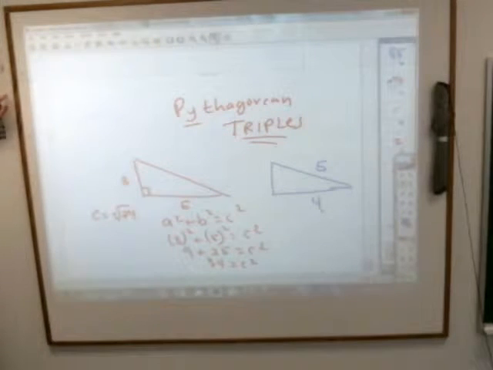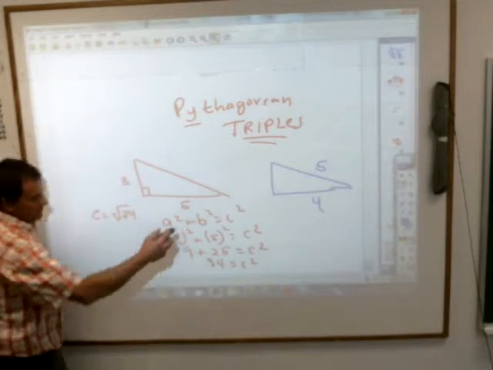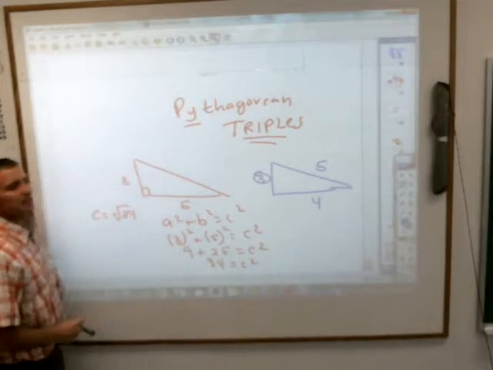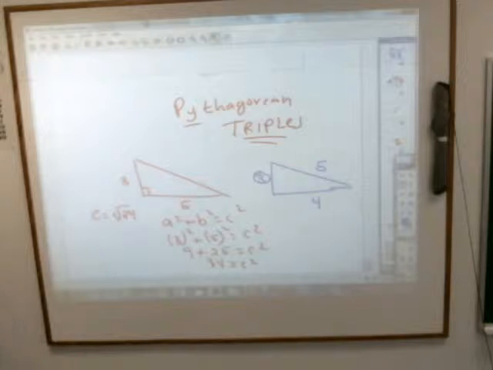And you go over here and you go, oh, 5 for the hypotenuse, one of the legs is 4, the other leg has to be 3. You don't even have to do any of the math because it works out perfectly.